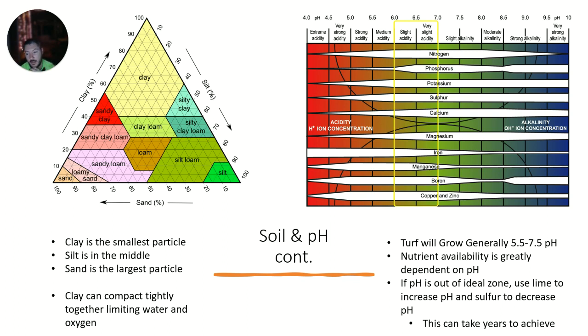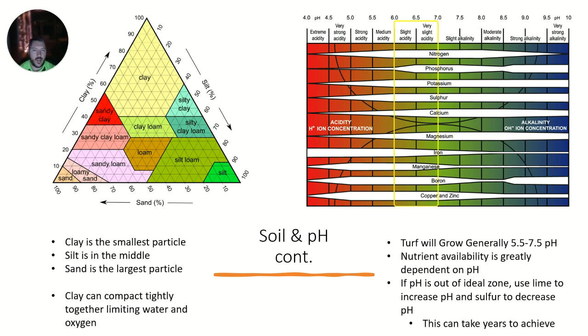And when it's compacted, it limits water and oxygen down to the roots of the turf, trees, shrubs, you name it. So a lot of soils here in Michigan are clay, and you'll notice that when they dry out, you start to see surface cracks, and that's because all the soil's swelled together like this. And it takes a long time for that to fix itself.